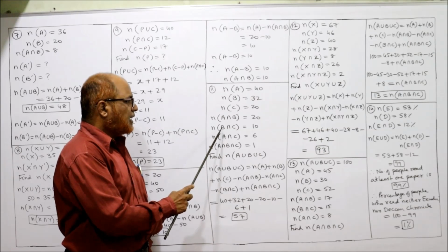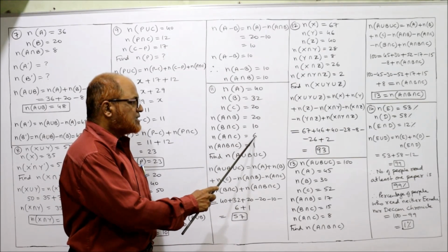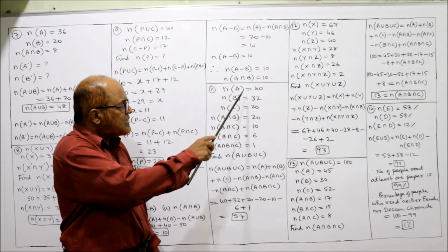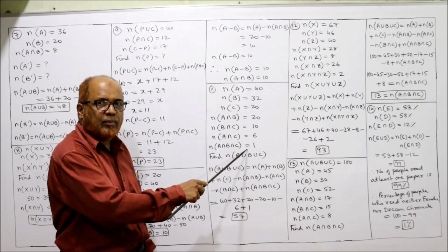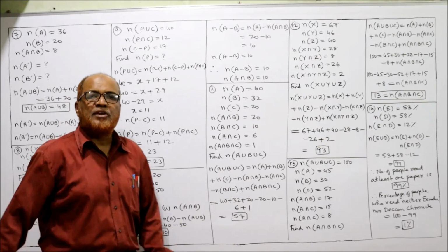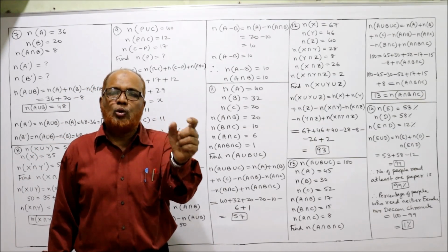N of B intersection C is 10. N of A intersection C is 6. N of A intersection B intersection C is 1. This is the complete information given in the problem, and we are required to find out N of A union B union C. Finally, our question is this one. What is A union B union C?